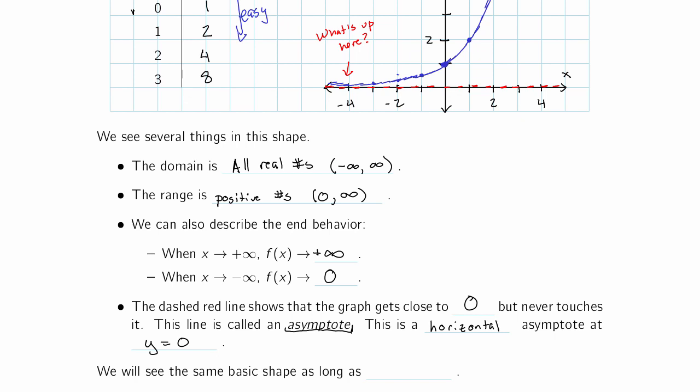If I did this for 3, I would see exactly the same shape, except that instead of counting 1, 2, 4, I would count 1, 3, 9. We'll see a shape that looks exactly like this, except maybe more stretched out, as long as b is greater than 1. So what does it look like then if instead of being greater than 1, b is less than 1? That's what we'll see in the next video.